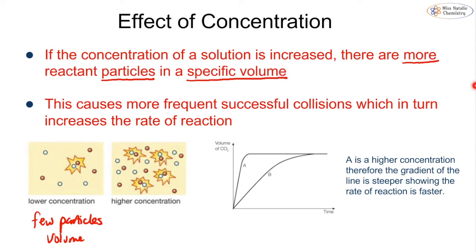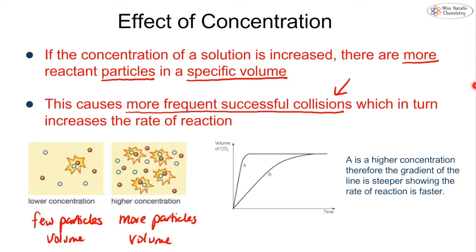For a higher concentration, we keep the same volume, but now we have more particles. And this causes more frequent successful collisions. The more particles you have in a specific area, the more often they are going to collide with each other, so therefore you get more frequent successful collisions.